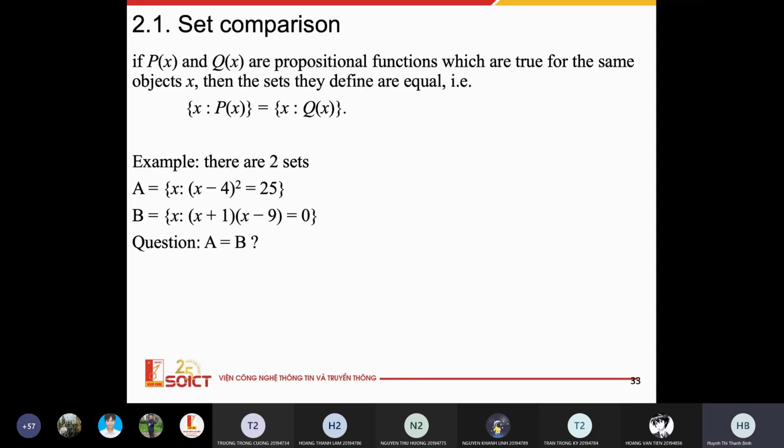Can you give an answer? What is the answer?